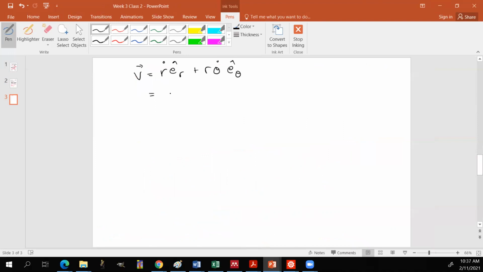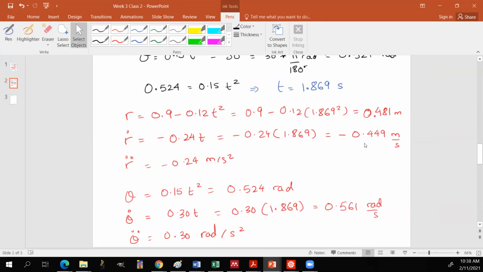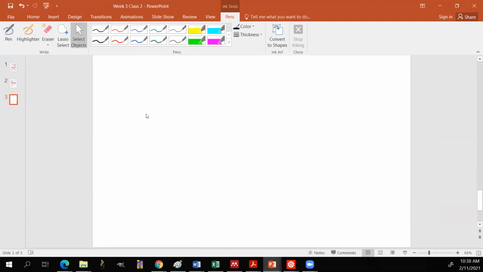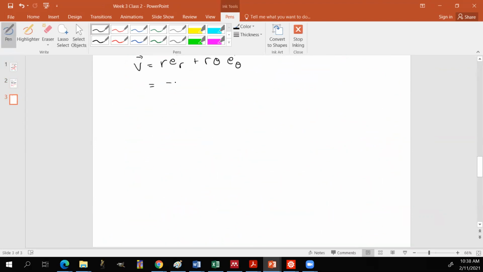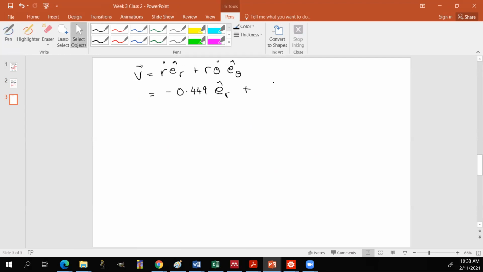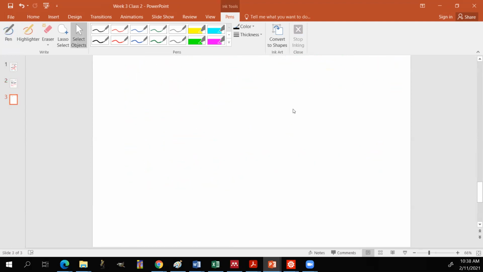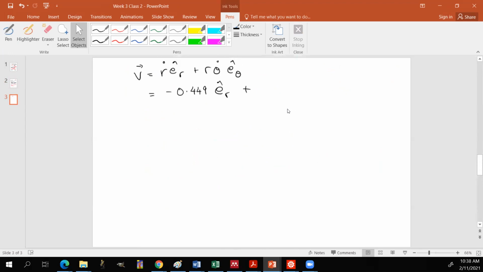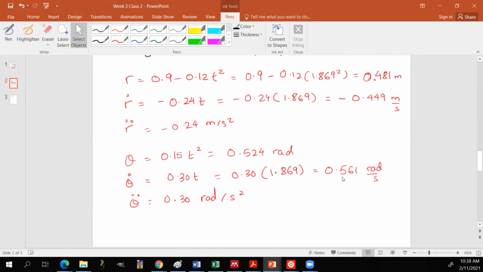So r dot, we had found out, was how much? r dot was minus 0.449. So minus 0.449 e_r plus r times theta dot. So r was 0.481, times theta dot, which is 0.561.